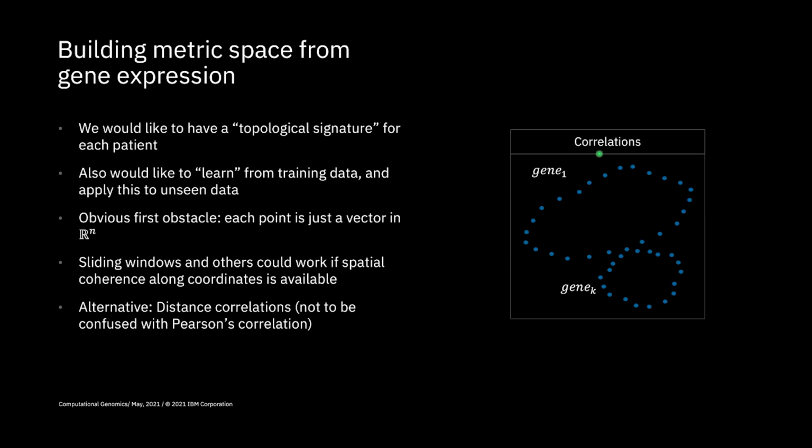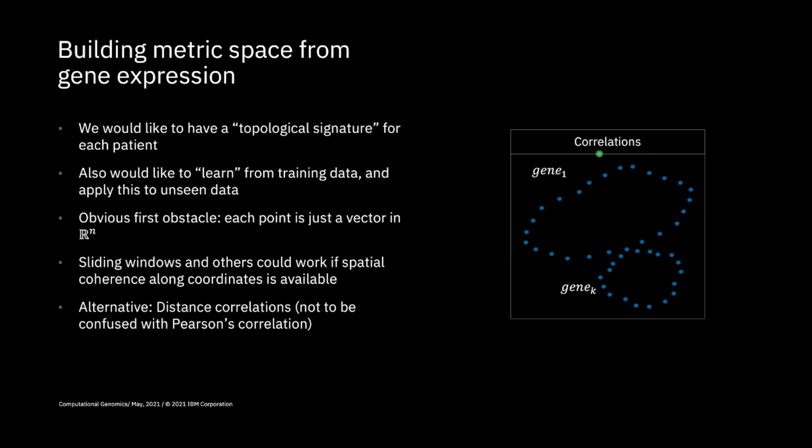And the thing is that we actually used Pearson's correlation. Of course, we transformed it so that it would become a distance. But we didn't see very good results there.